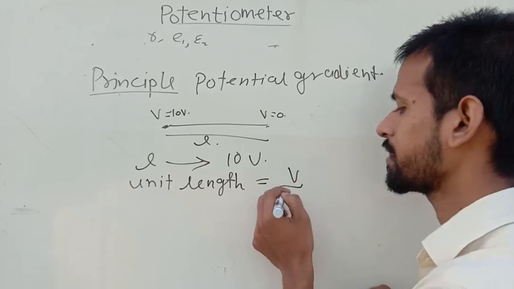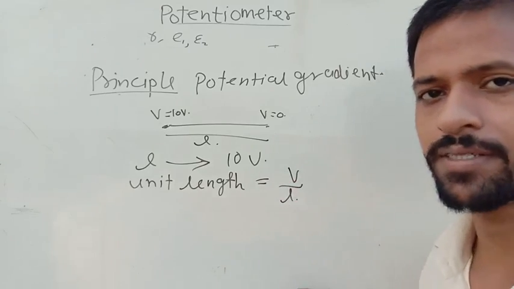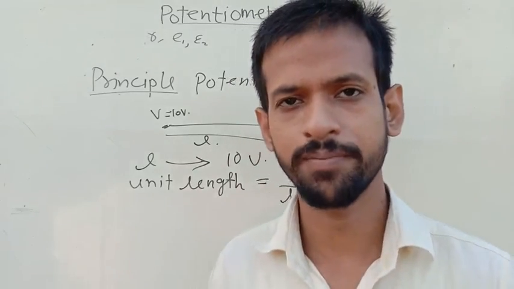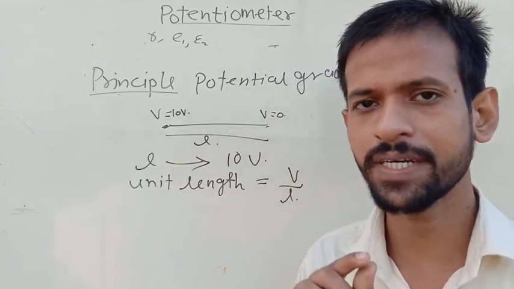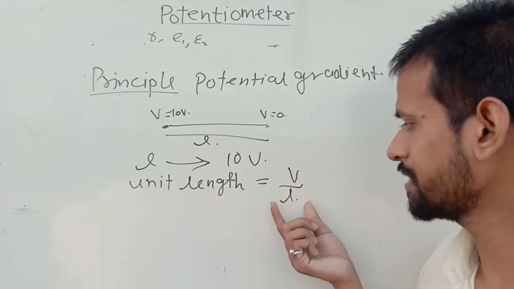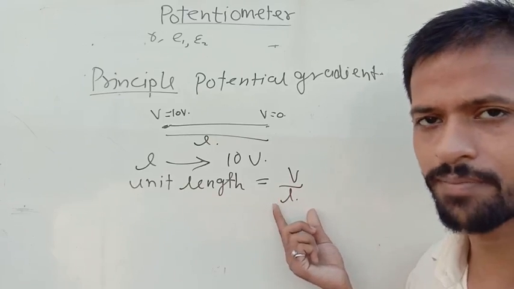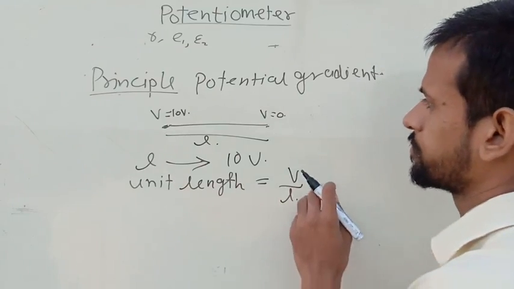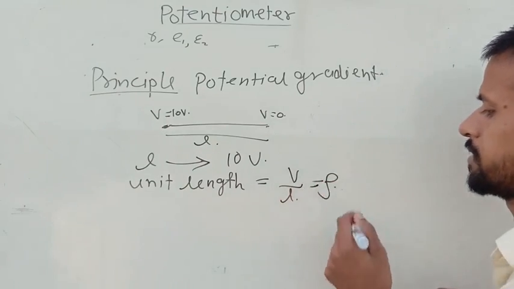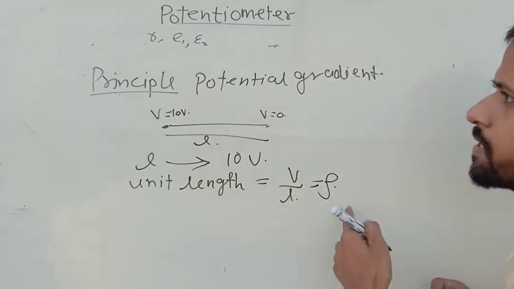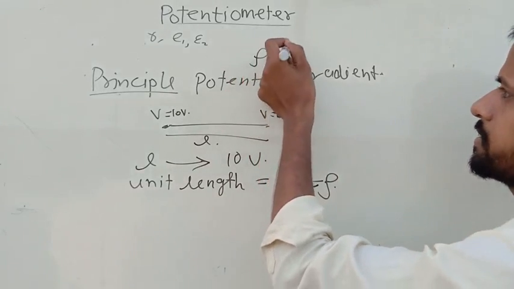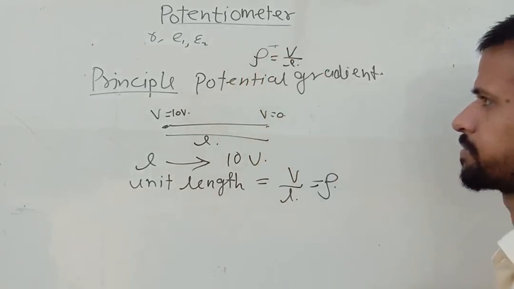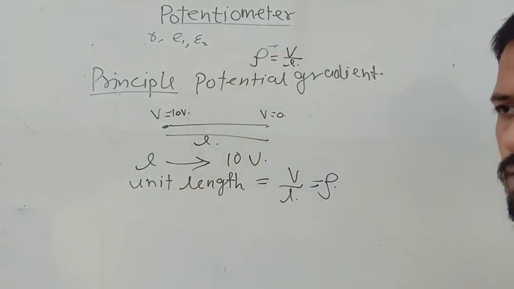This will be V by L. V by L is the potential drop for unit length. So this is called potential gradient, the potential drop per unit length. It is denoted by rho. So potential gradient is V by L.